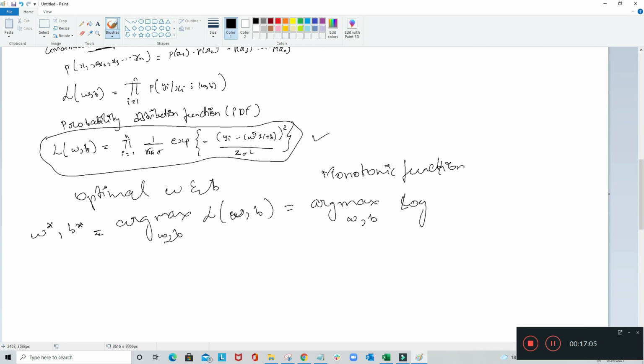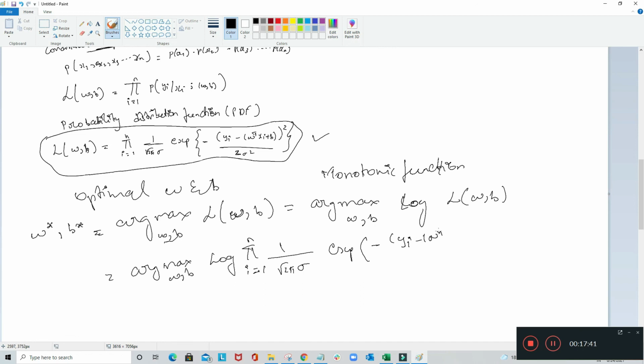And this whole equation can be rewritten as argmax W and B log of my product term i equals to 1 to n, 1 by root 2 pi sigma exp of minus yi minus w transpose xi plus b, this whole square divided by 2 sigma square.